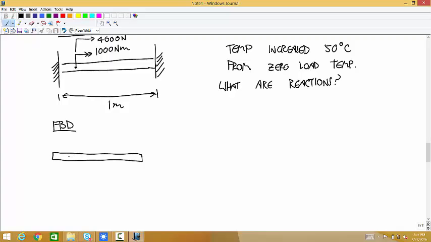We have the external loads, so we have 4,000 there, and then we have a couple of 1,000 at the same point. And then the reactions here, we have a horizontal force. I'll call that RA. And we also have a reaction torque. I'll call that fancy TA. And then on the other side, we have the horizontal reaction RB and the couple fancy TB.